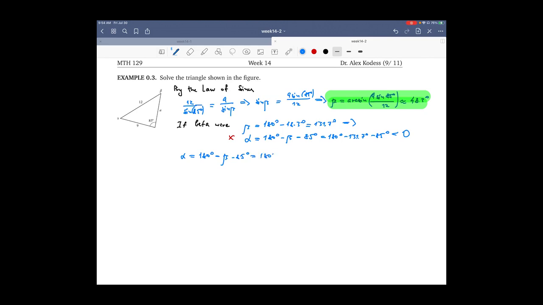So that's 180 minus 48.3 minus 85. So that is approximately 46.7.